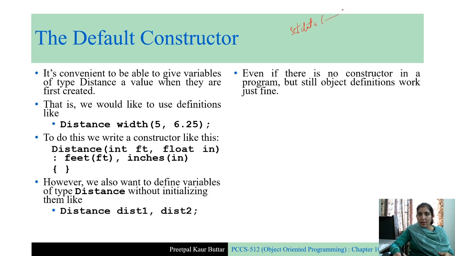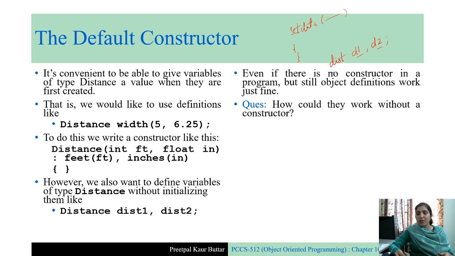When we created the objects, we wrote distance d1, d2. There was no constructor, but still we were able to create objects d1 and d2. So now the question arises: how could they work without a constructor?